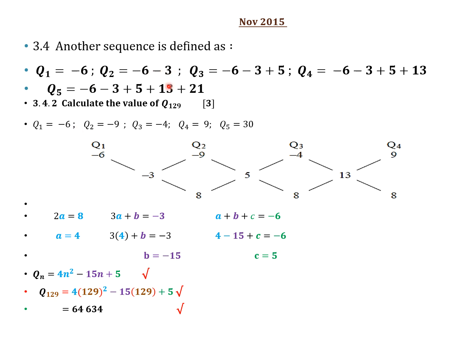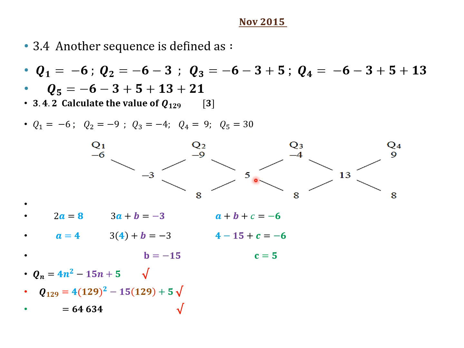-6 minus 3 gives me -9, plus 5 gives me -4, plus 13 gives me 9, plus 21 gives me 30.